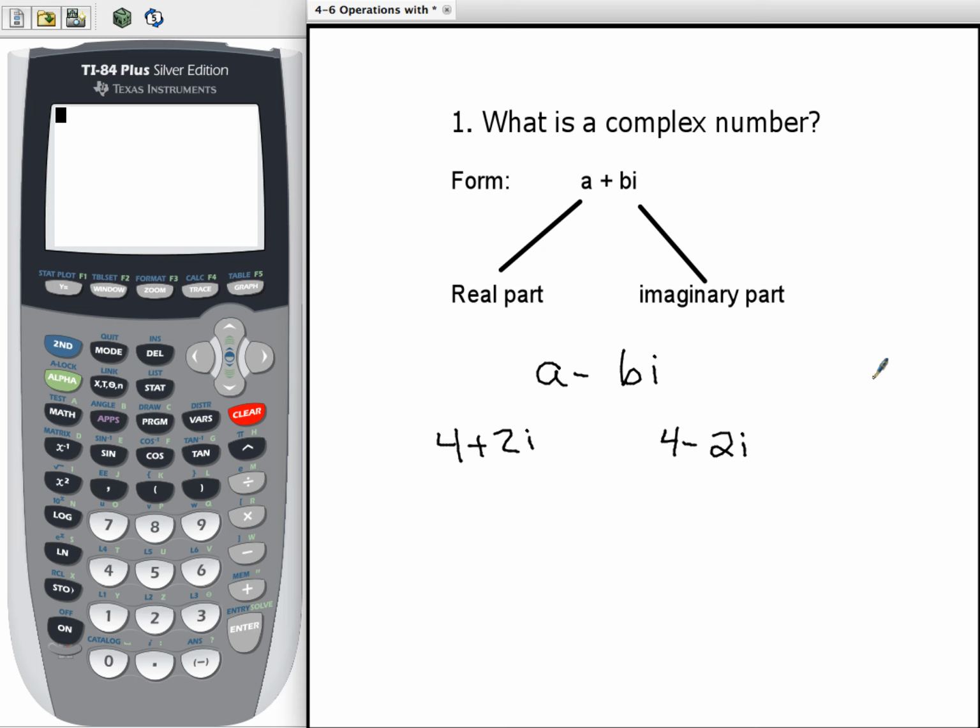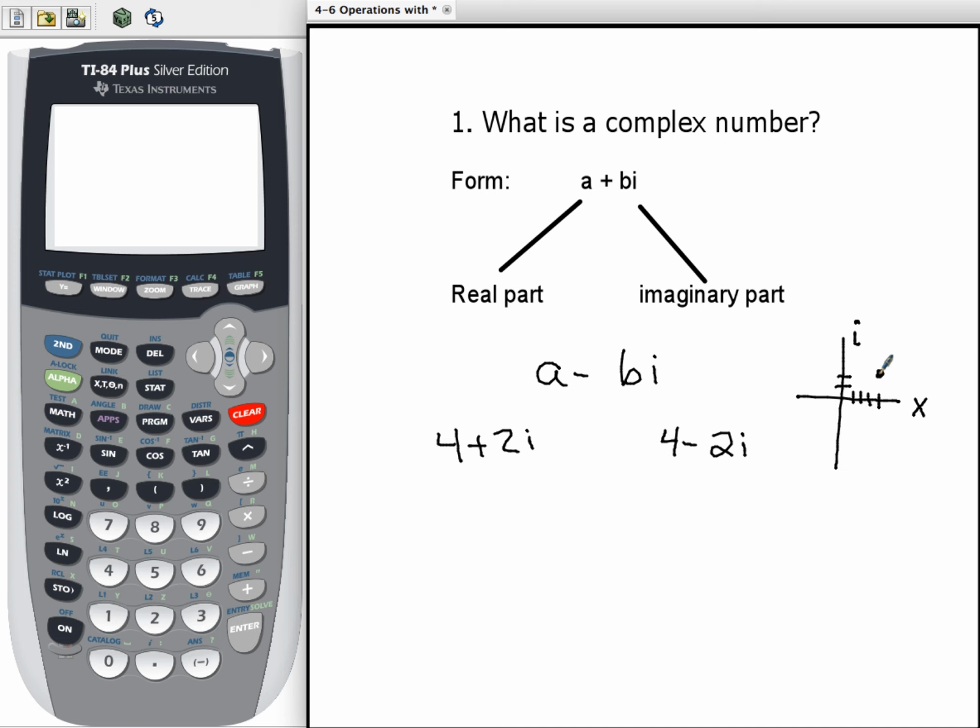And sometimes in some courses you'll plot these in an xy coordinate plane, where normally we would have the x's go here and the y's go on the vertical axis, but instead that's where i goes, the imaginary piece. So if you wanted to plot 4 plus 2i, you just go 1, 2, 3, 4 that way, and then 1, 2.